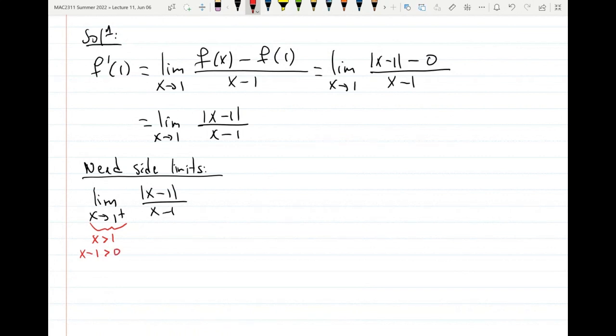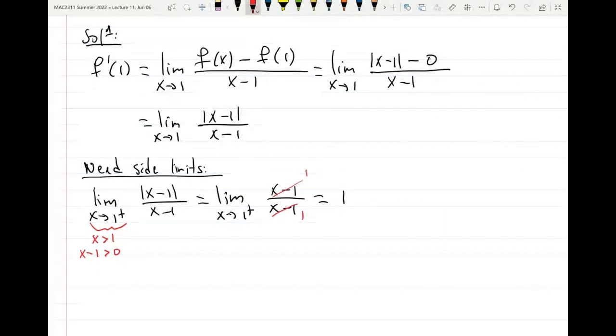So that means that in this limit, this quantity is positive. So what can we do to the absolute value? We can just remove it, because the stuff inside is already positive, the absolute value is not doing anything there. So what is this limit? This is 1, because remember, you can simplify before you take the limit. You simplify, and then we get the right limit is equal to 1.